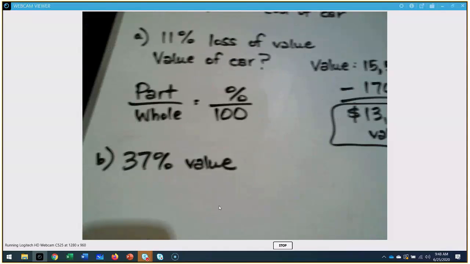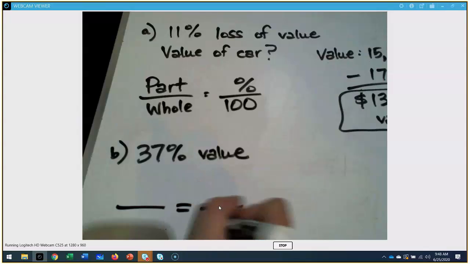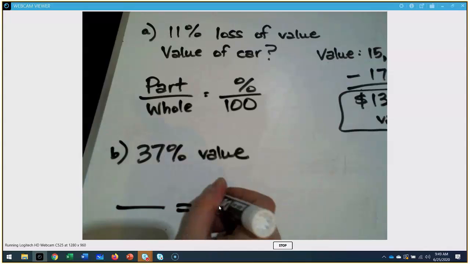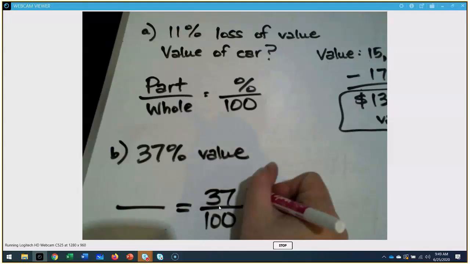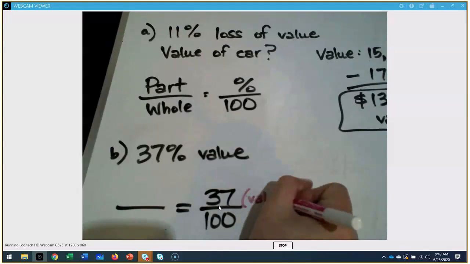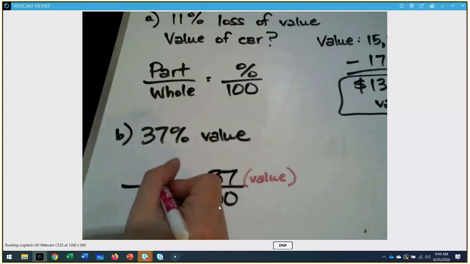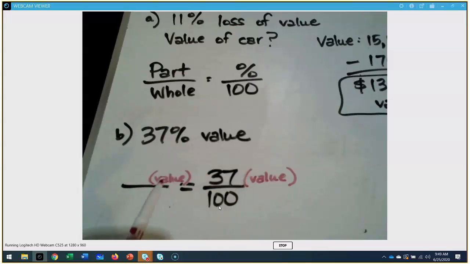So now, when I plug this into my proportion, the 37% represents the value of the car. How much is it worth? Because that's how they worded it. That also means when we solve this, we won't have to do anything else because they're asking how much it is worth.